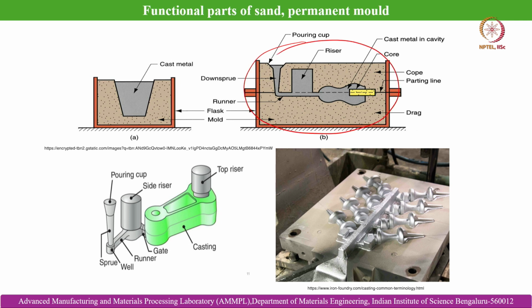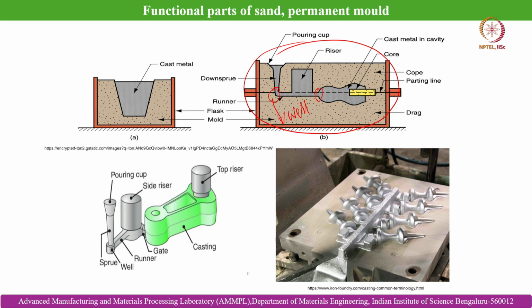Here this is the pouring cup or basin, and this is the down sprue, and then this is the sprue base well, and this is the runner, and here it is entering into the component cavity. This is basically the ingate, and this is the core, because we need to make a hollow cavity within the part that is getting solidified, being manufactured by the casting technique.